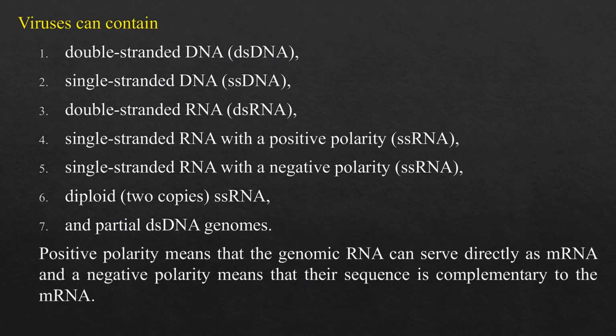Viruses contain double-stranded DNA, single-stranded DNA, double-stranded RNA, single-stranded RNA with positive polarity, single-stranded RNA with negative polarity, diploid copies, which is two copies of ssRNA, and partially double-stranded DNA in their genomes. Positive polarity means that the genomic RNA can serve directly as an mRNA, and negative polarity means that the sequence is complementary to the mRNA.